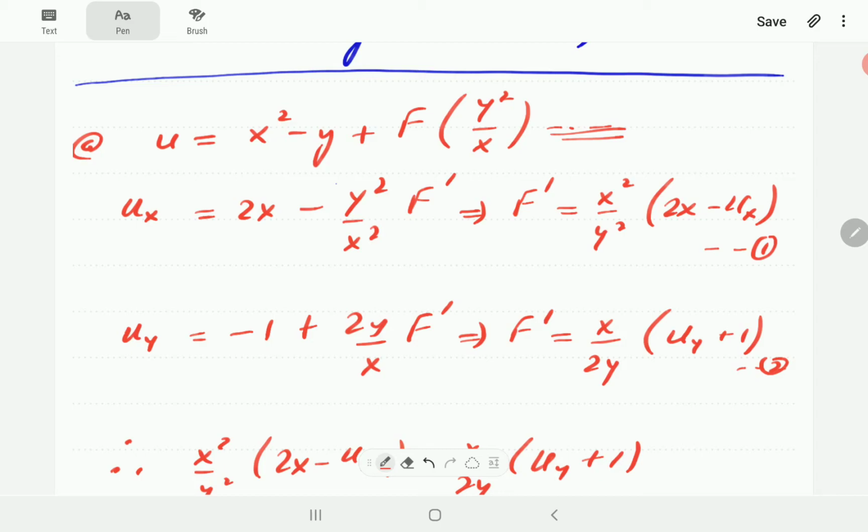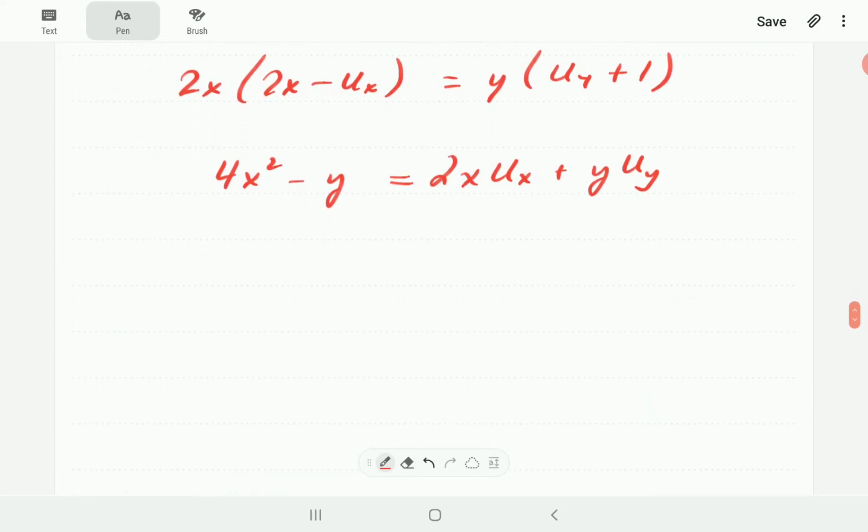Right. So next we're going to look at the second example. In the second example we have u equal to x squared y plus f of x u squared over y. Okay, so it's going to be the same procedure.